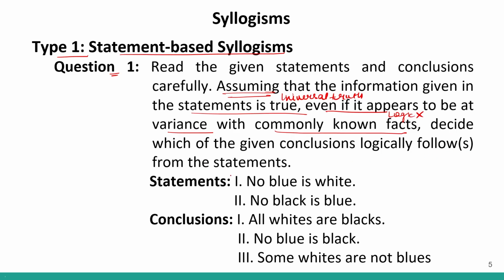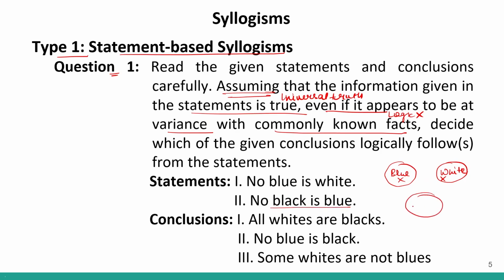Statement 1 says no blue is white. So blue and white will not overlap, they are separate entities. I'm drawing a little cross to depict that they are not overlapping. It is given to us that no black is blue.